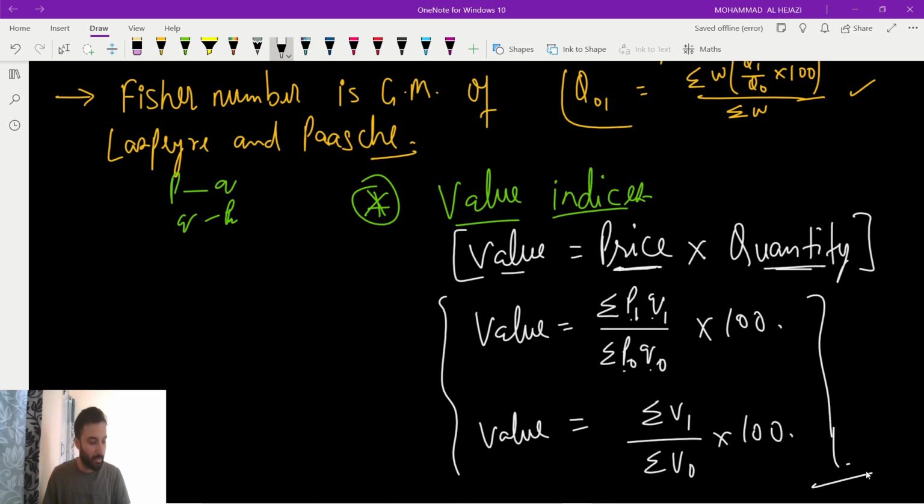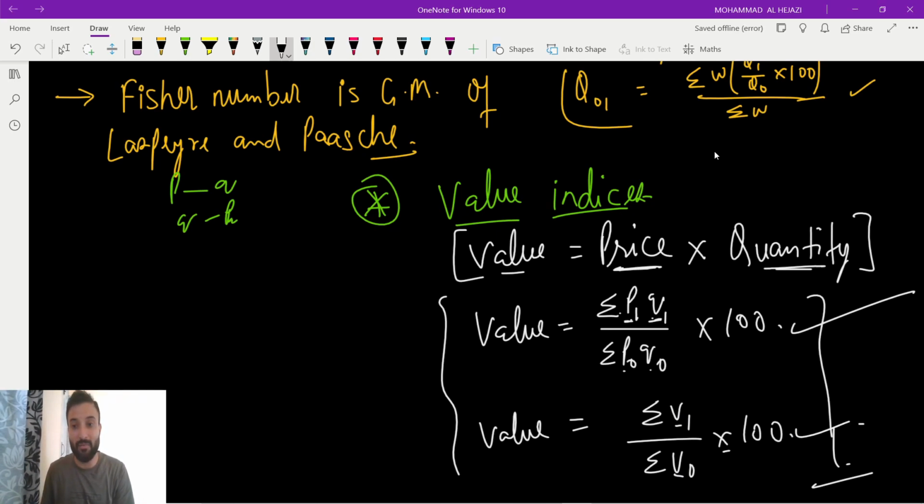Remember, if they tell you to find the value indices and P and Q are given, we will use this formula, because here we have P and Q. And if they tell you to find the value indices and the value is given, V1 and V0, the value for the current year and the value for the base year, then we directly use this formula.